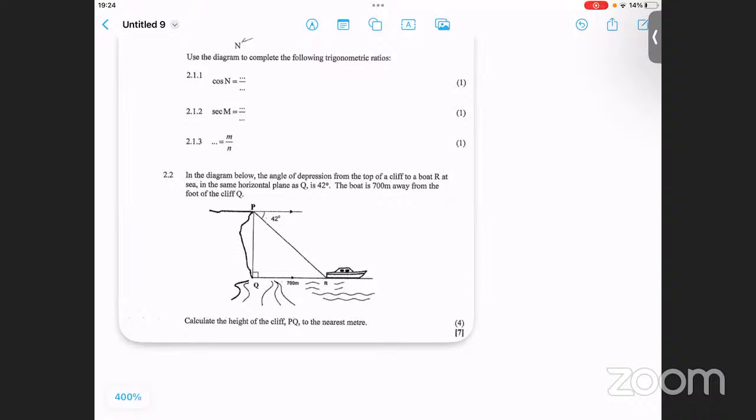So that means you can end up having a right angled triangle which is connected to PQ. So can you not use that right angled triangle in order to calculate? Okay, so I'll try that. Yeah, something of that nature. Try something of that nature.